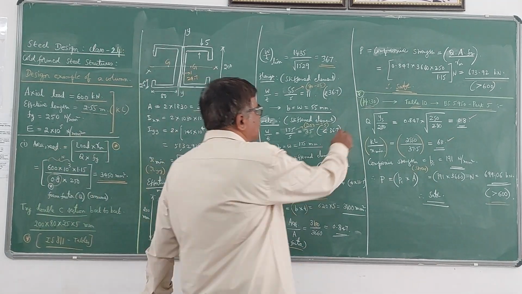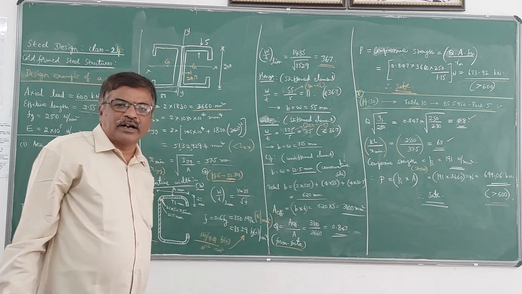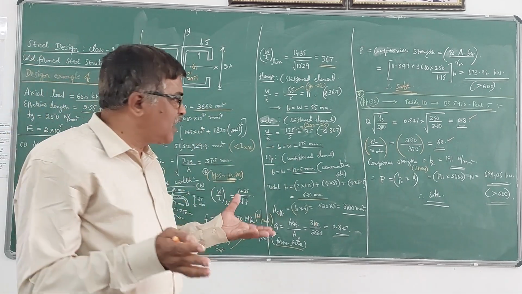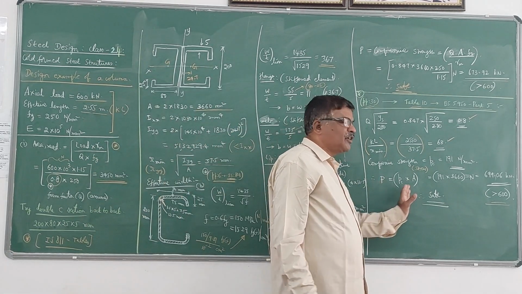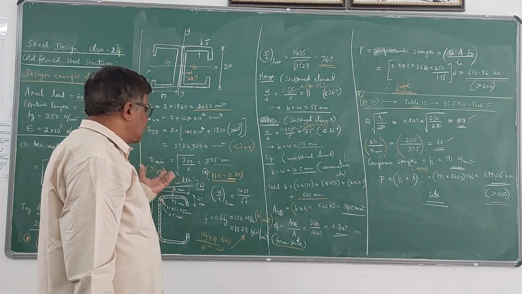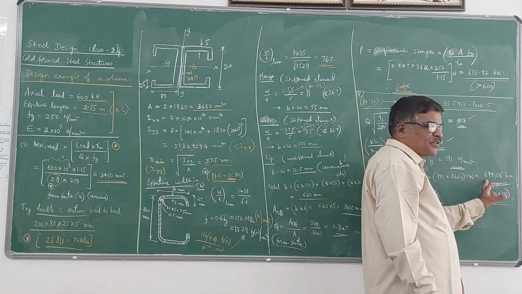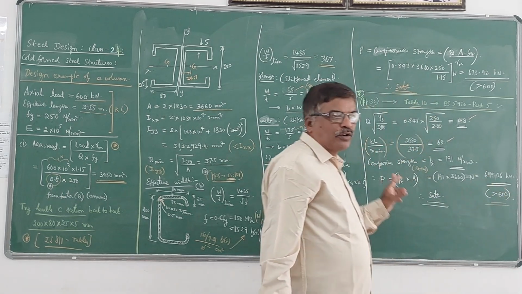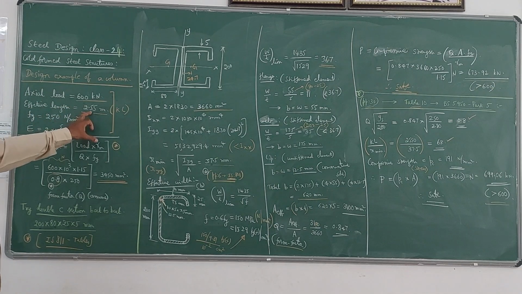So you have to follow this method, because this is the exact method: after reading the stress value from the table, you multiply that stress value by the area of that section, to get the load carrying capacity of that particular section over that length. Here the length is given as 2.55 meters.